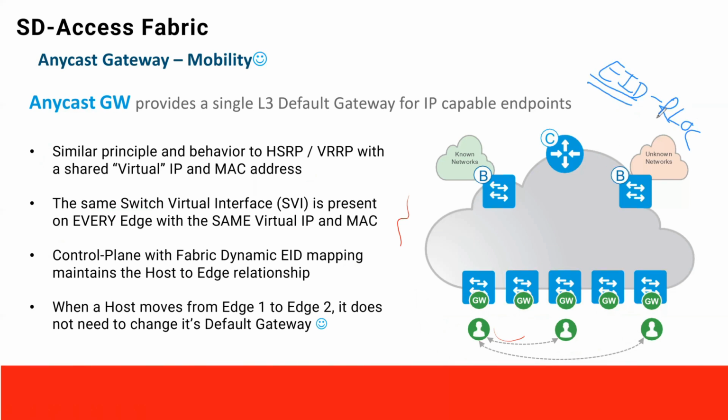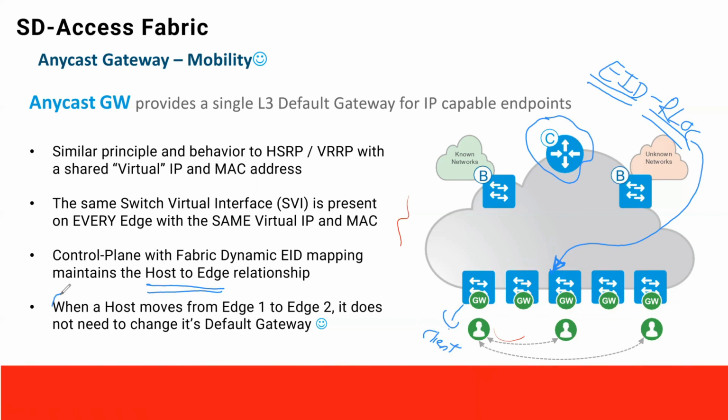EID is the endpoint ID. RLOC is the routing or remote locator, which is the IP address of this edge node. So we have to just remember that this control plane maintains the host to edge relationship and the edge to client relationship. It has everything in its table, the mapping.